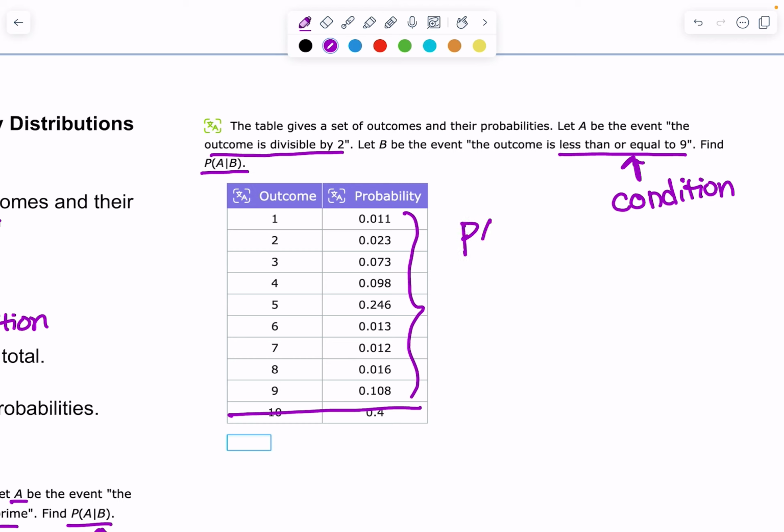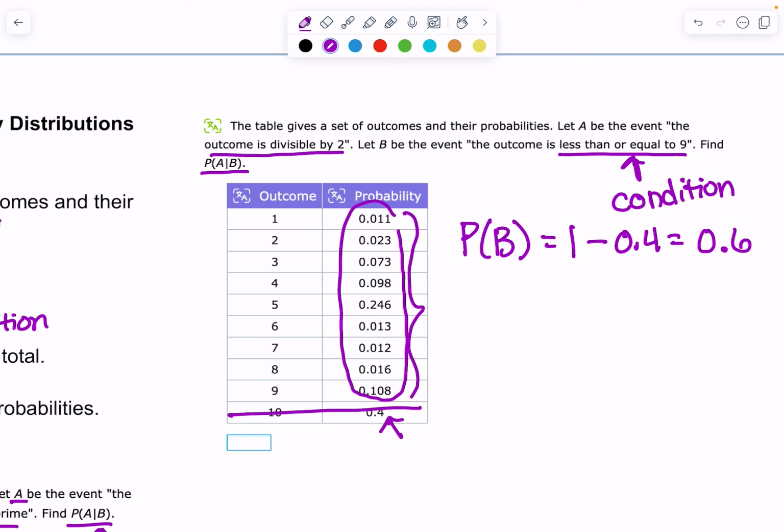So the probability of just B is going to be 1 minus this one that we crossed off, 0.4. It's just a little bit easier, but you should get the same thing if you just added all of these together. It would still give you 0.6, whichever way works best for you.